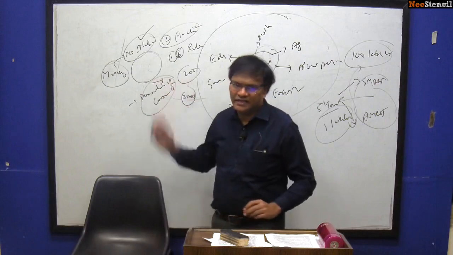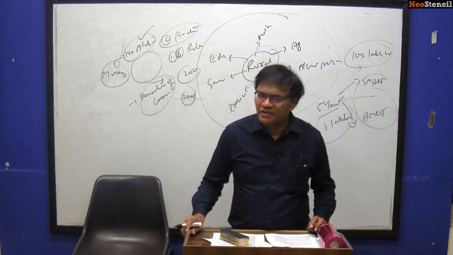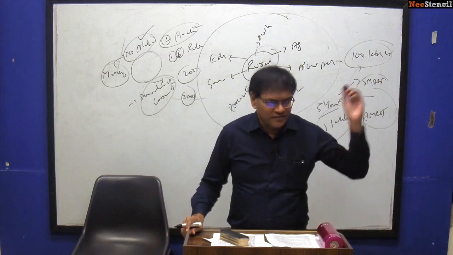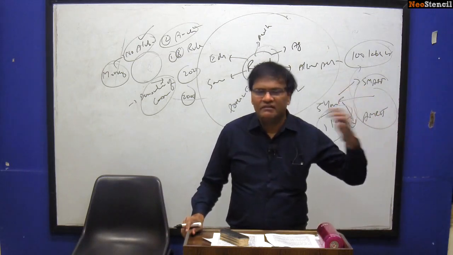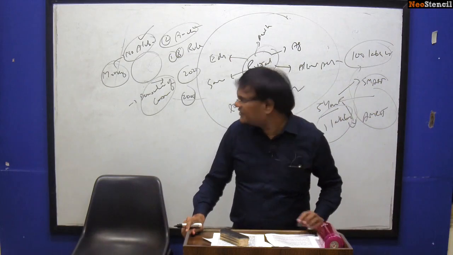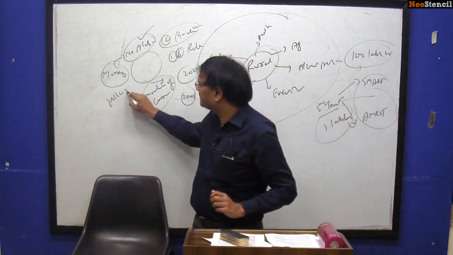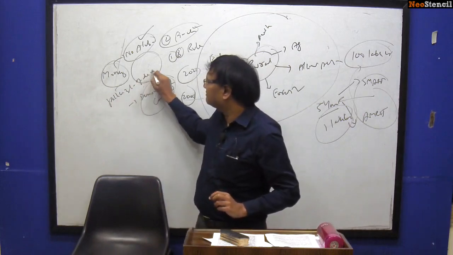These are the things which you have to write in your answers. Decentralization and democratization of corruption. Earlier, corruption was there at the central level and at the state level, now at the local level. Decentralization, democratization of corruption and politicization of the development process. That is what they have.